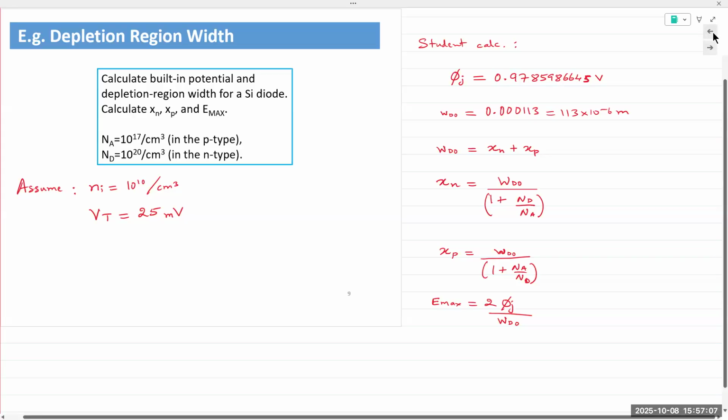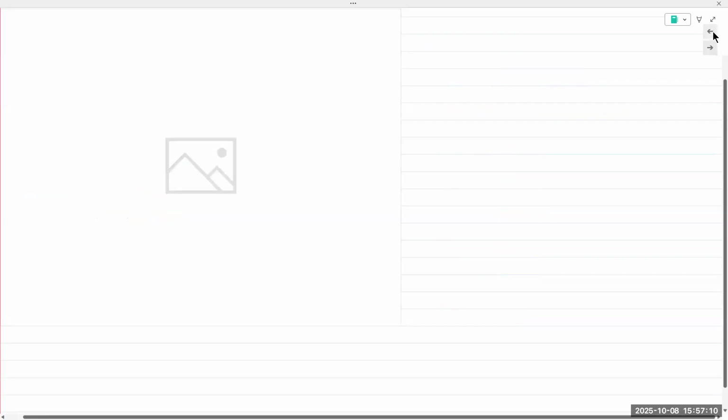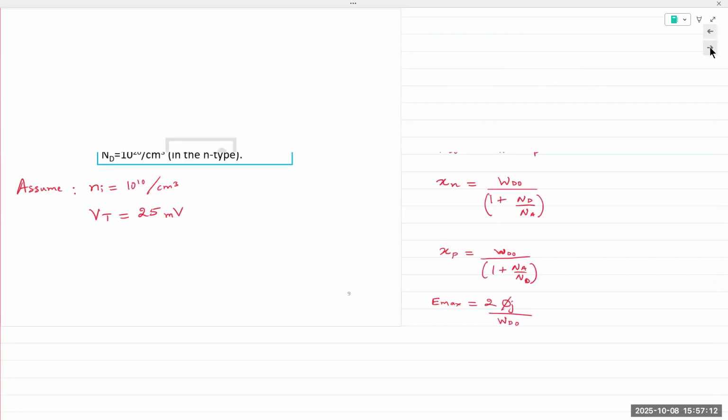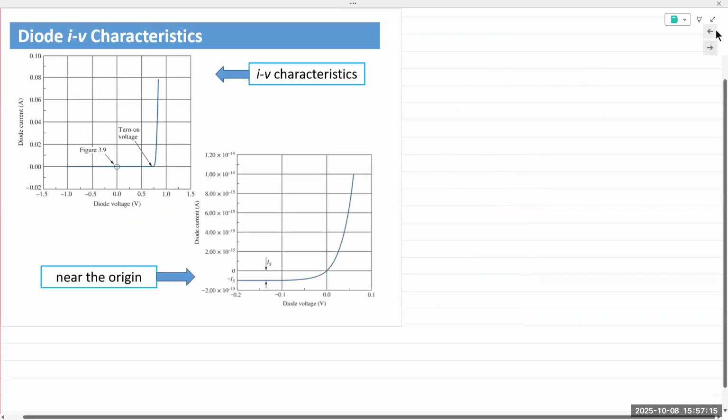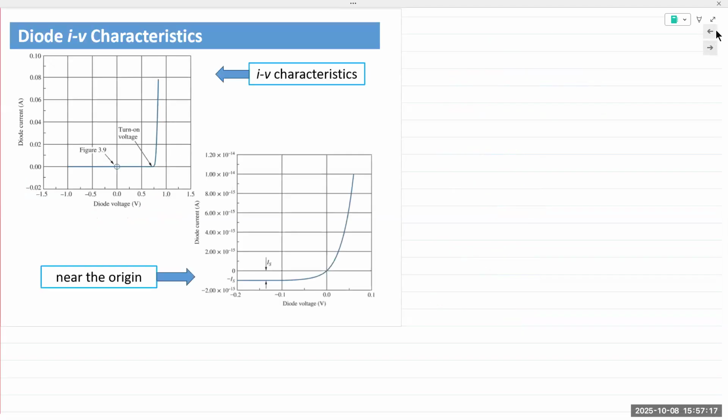All right, let's see. What is the next slide? Diode IV characteristics. All right, so if we plot a response of the diode current as a function of diode voltage, because of the built-in potential, there will be no current flow through the diode.